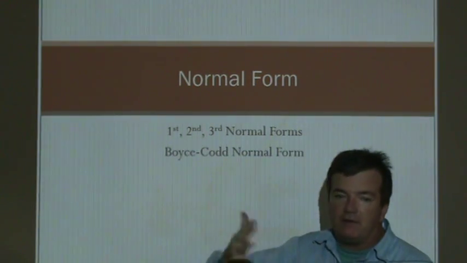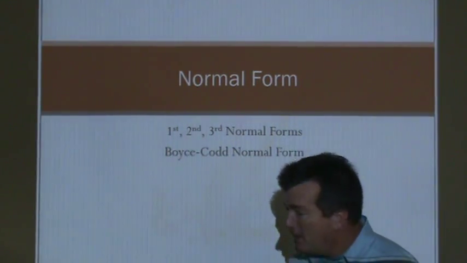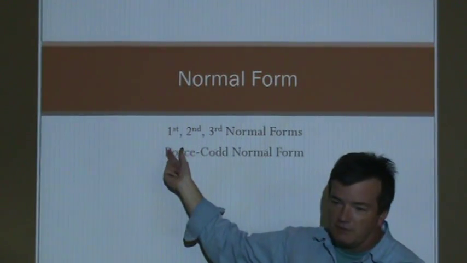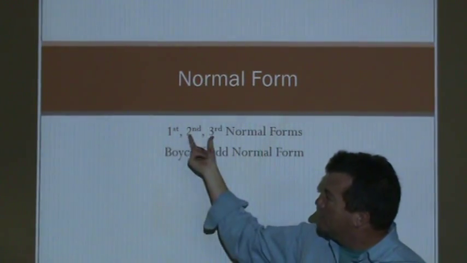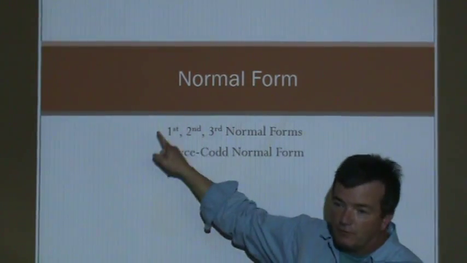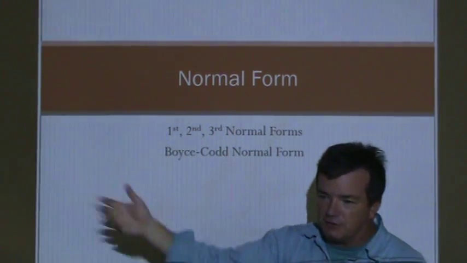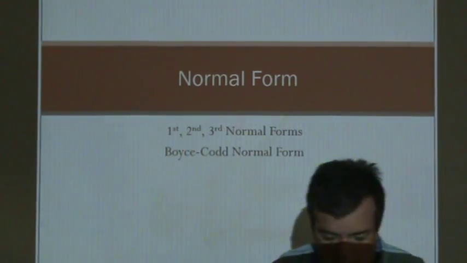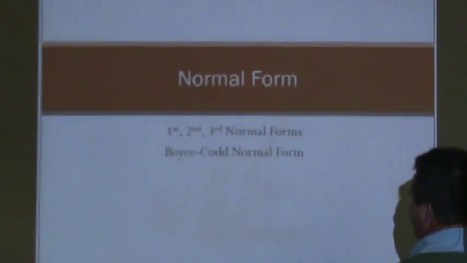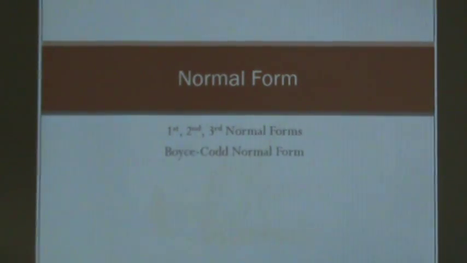And we say it must follow the following restrictions. And if it follows a certain restriction, it's considered first normal form. And then these get progressively stricter. So the second normal form follows first normal form plus has an additional restriction. And the third normal form follows the second normal form plus has additional restrictions. And same is true for the Boyce-Codd normal form.